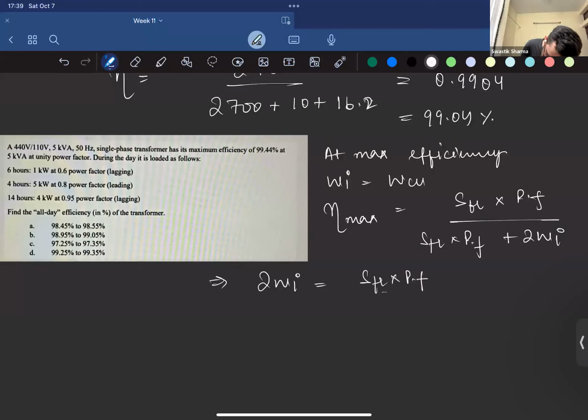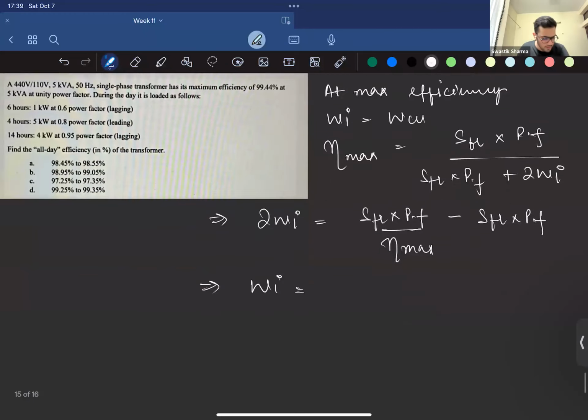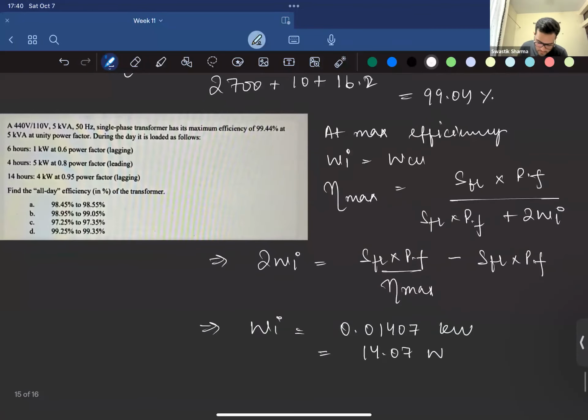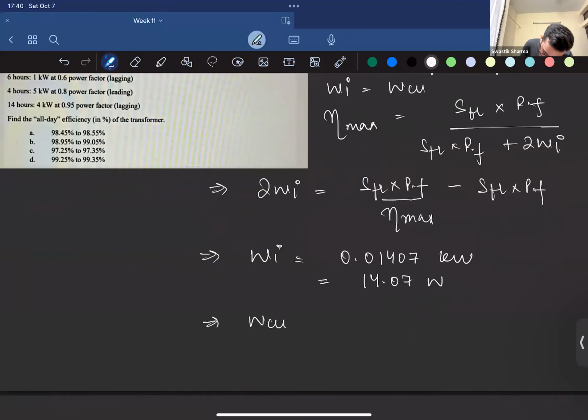S times power factor divided by eta max minus this. So if you work out this expression, it will be 9.44 divided by 2, so 0.01407 kilowatts or 14.07 watts, right? So we got this, and we know copper losses are the same thing. These are also 14.07 watts.